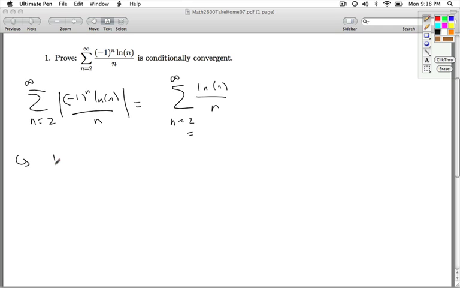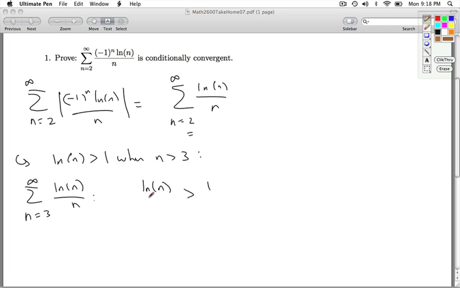Let's look at the natural log of n. The natural log of n is going to be bigger than 1 when n is bigger than or equal to 3. So if I look at the series n equals 3 to infinity of the natural log of n over n, then here's what I can say about that. I can say that the natural log of n is bigger than 1, which means the natural log of n over n is bigger than 1 over n.